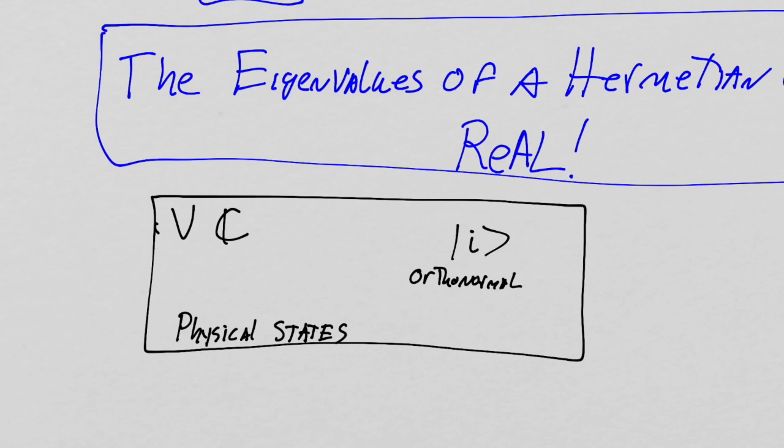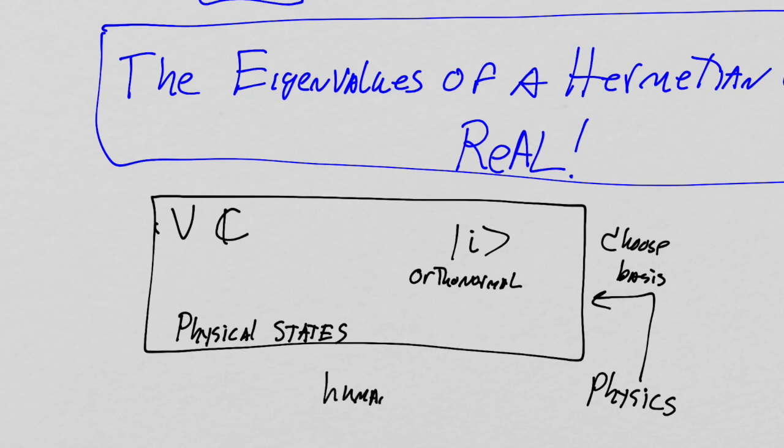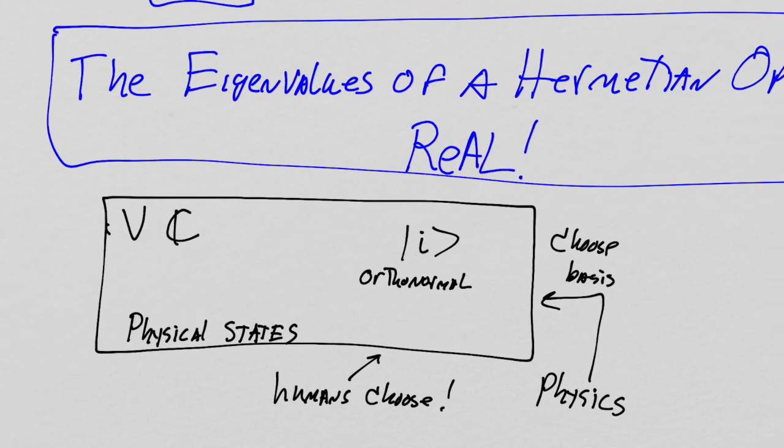Now the physics is going to choose the basis for us. Actually, the way I should say this, and you'll see why in a moment, is that the physics tells us what basis we can choose, and then humans choose. So humans choose the basis, and the physics tells us what basis to choose. Now, this is a little different from general relativity.